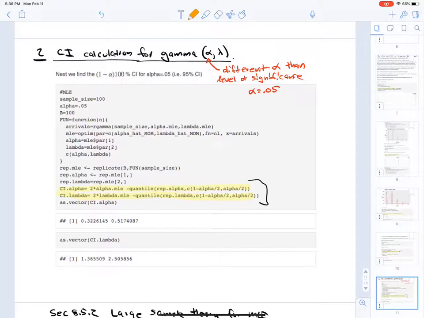Here, this function, I'm replicating it many times, and in this function, notice this arrivals. I'm randomly generating a gamma distribution many times, because I'm going to replicate this b times.